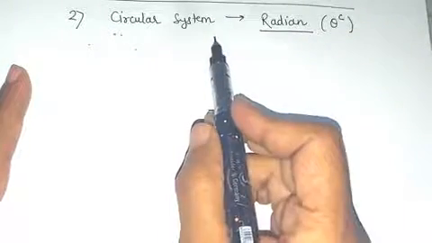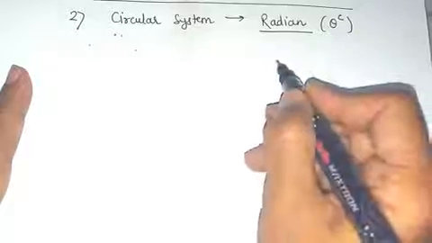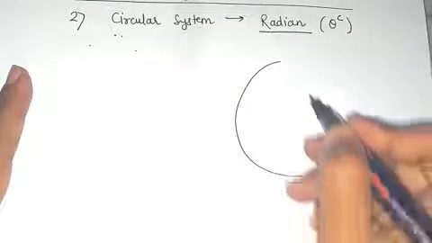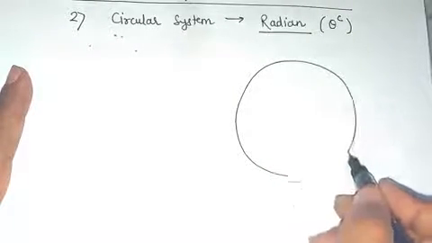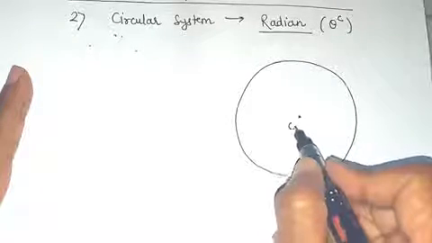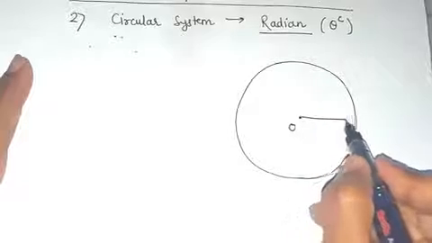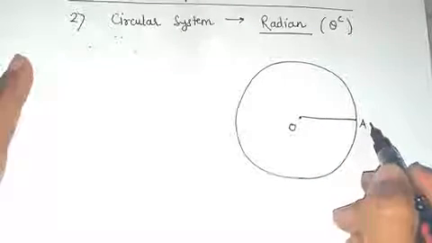Now for understanding the concept of radian, let's draw a circle whose center is O, and OA is one of the radius.